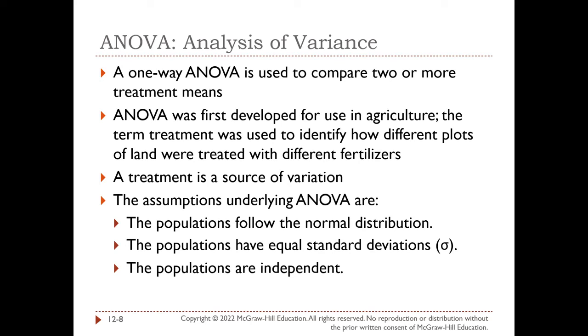Treatment is a source of variation. The assumptions underlying ANOVA are the populations follow the normal distribution, have equal standard deviations, and the populations are independent. So again, they're independent of each other. They're not dependent, so they don't need each other to survive.